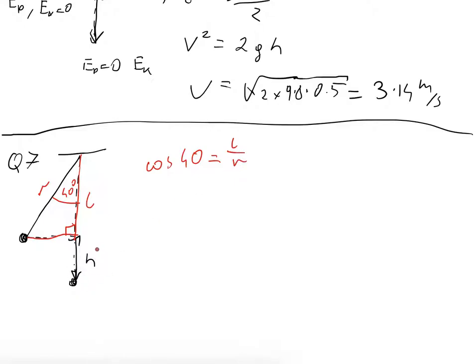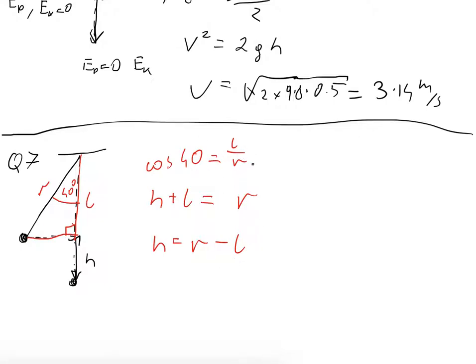But this is not really what I'm looking for. What I'm looking for is this height. So take a look at this. Height plus the length, L plus H, is equal to the radius. It's equal to the length of the pendulum, which I'm going to call R. So if I'm looking for H, what I need to do is just subtract R minus L. So all I need to do next is to discover what L is.